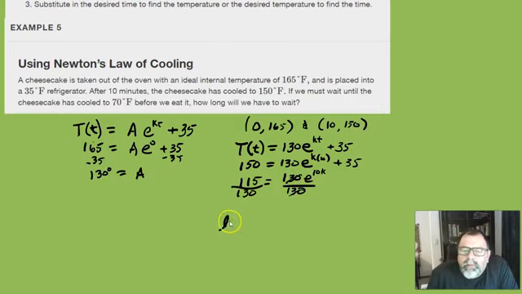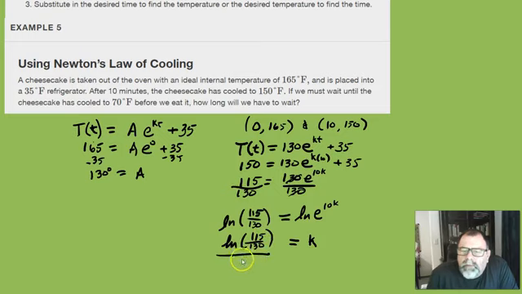Then we do ln in front of both sides, 115 over 130 equals, the ln and e cancel each other. If you wanted to save a step there, you're just going to write 10k here. And then we're going to divide by 10. So k is ln of 115 over 130 divided by 10.